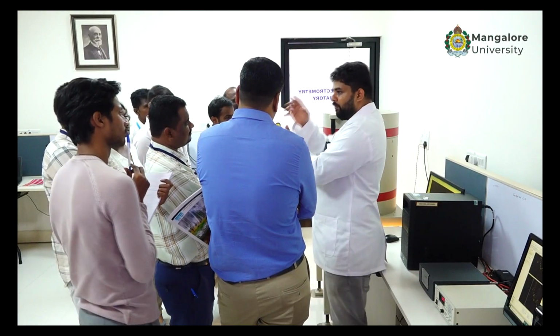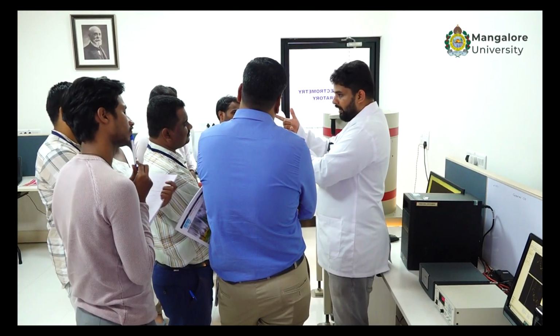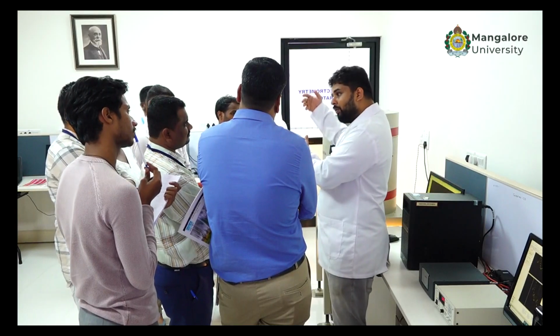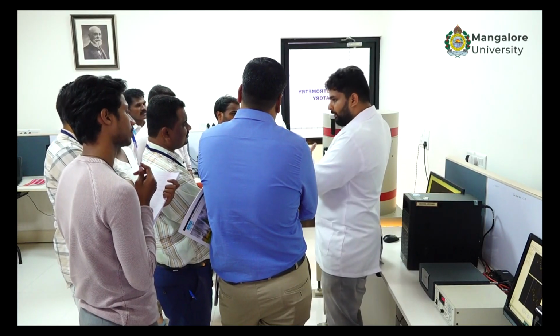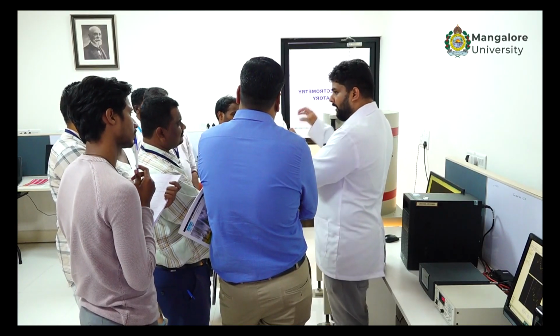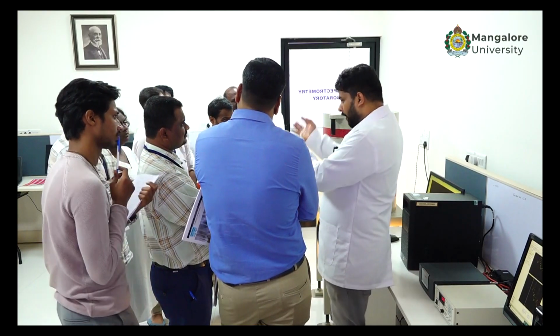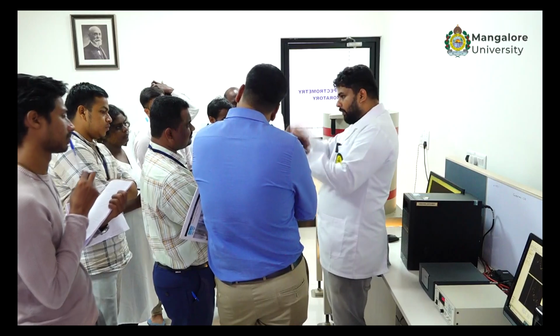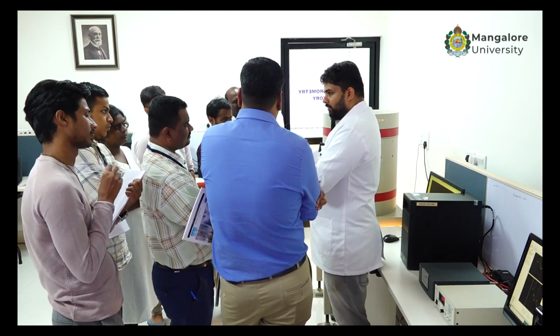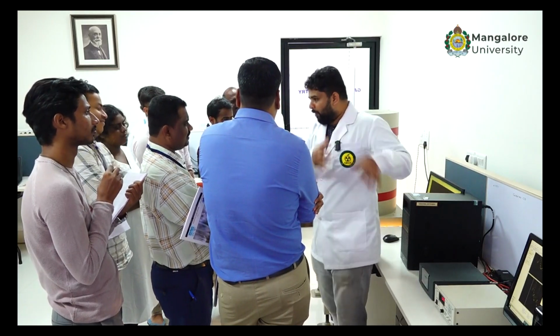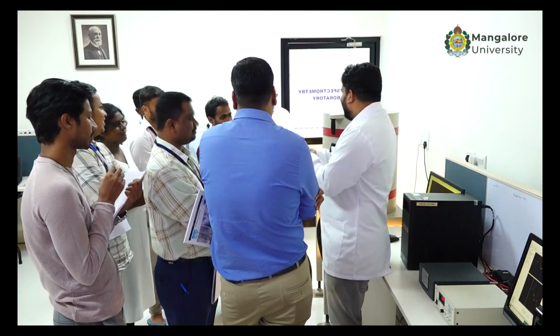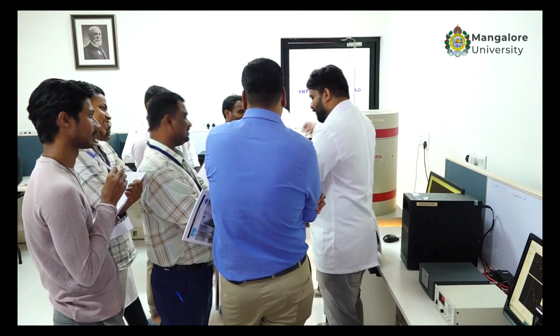The second box is from 1 to 2 keV. The third box is 2 to 3 keV, and so on. Each box will be assigned a specific energy. Whenever the amplified signal comes, according to its energy, it will put it into these boxes. There are no boxes inside, but I'm just saying. So there are lots of boxes.